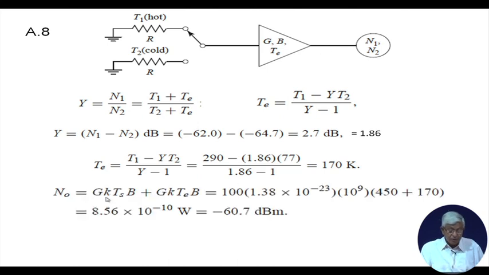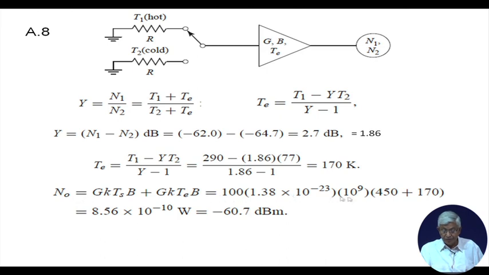So, output noise power will be the gain of the amplifier G k T_S B, where this is the source temperature, not the system temperature. Plus G k T_E B, the equivalent temperature we have just found out. The first is coming from the input and the second is generated by the amplifier; both together give the noise power.